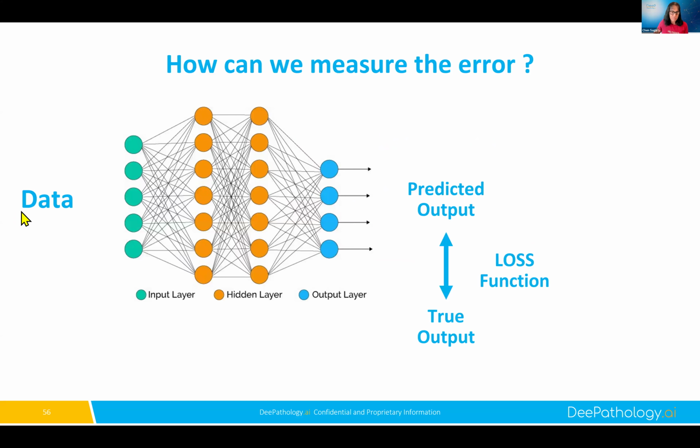And the issue of how to measure the error, let's start from that because it's simpler. So we have our data, we have our neural network. So the data flows in the neural network and it provides some predicted output. The output can be, this is tumor. The output can be the boundary of the tumors, etc. But we have some prediction.